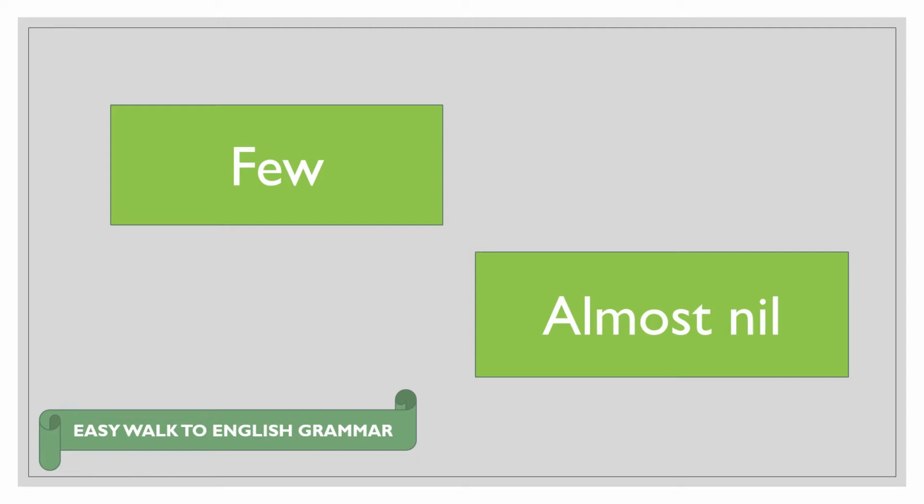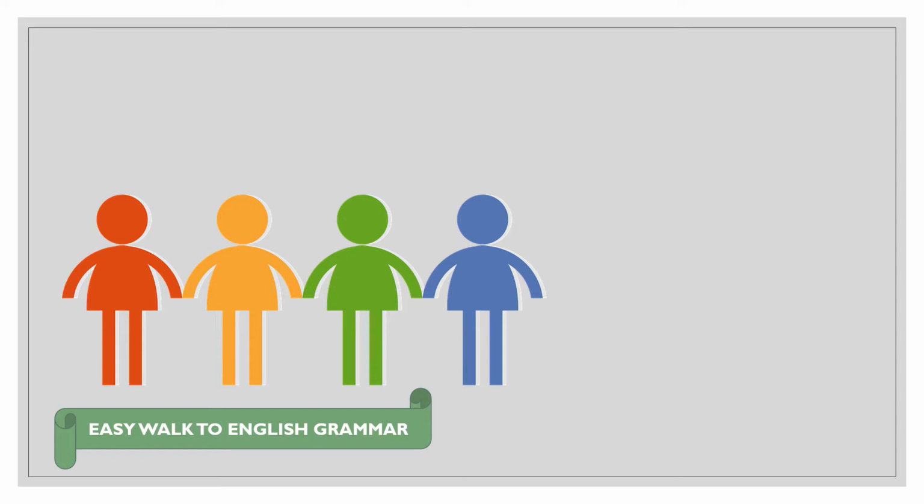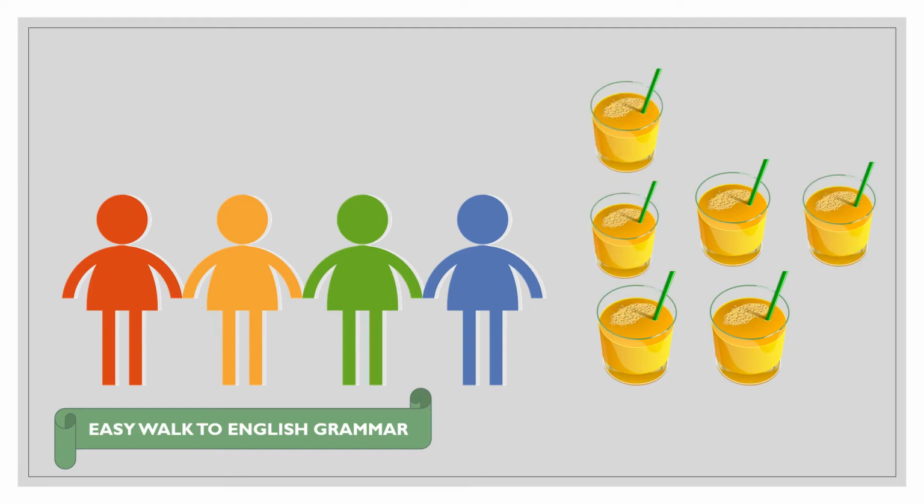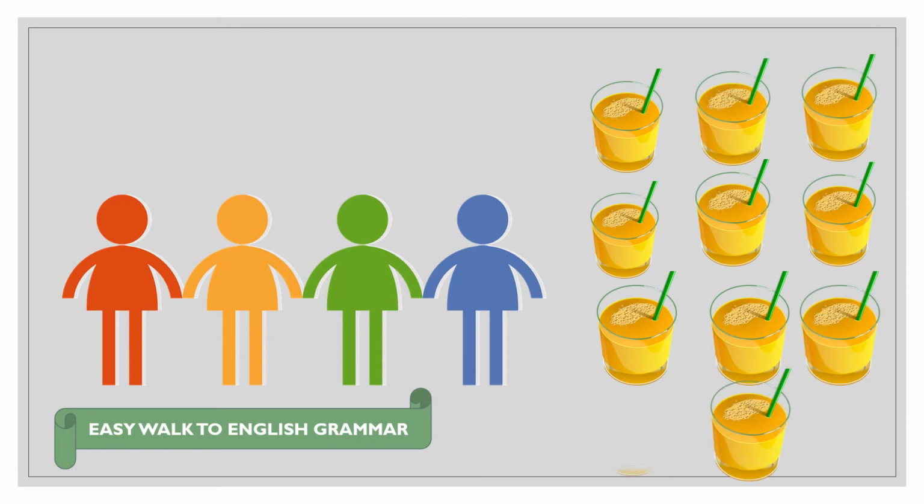Let's look into this explanation now. See, four people. And now what we see is we have invited them to a party. Imagine the situation like that. We have invited them to a party, and four people arrived.